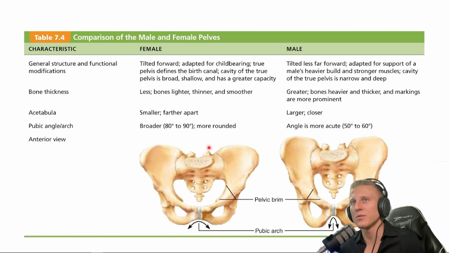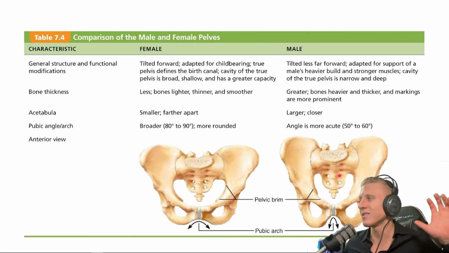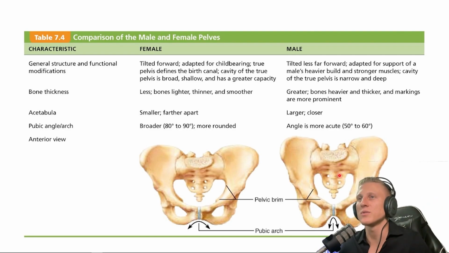So internal load is pretty decent with carrying a child for female reproductive purposes. For male anatomy, accommodating high levels of external load, think of like a deadlift or a squat, something along those lines. This angle of engagement, and then obviously there are other things that affect the physiology of a powerlifting movement, such as the length of the femur and that sort of stuff. But this generally is better for supporting that sort of force. So then we see the differences there.